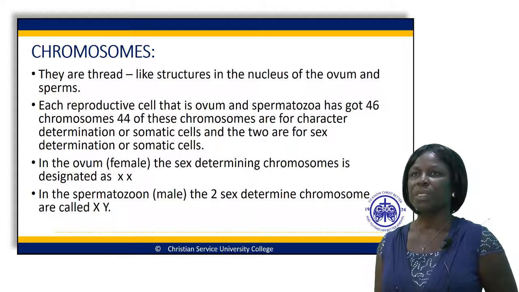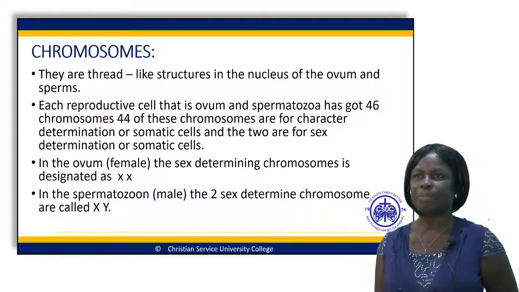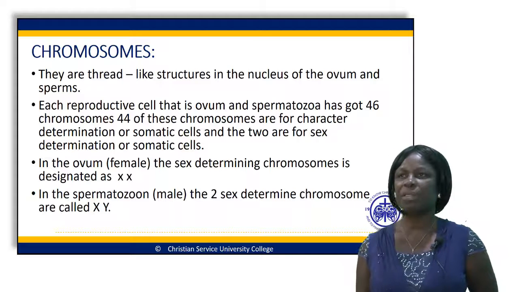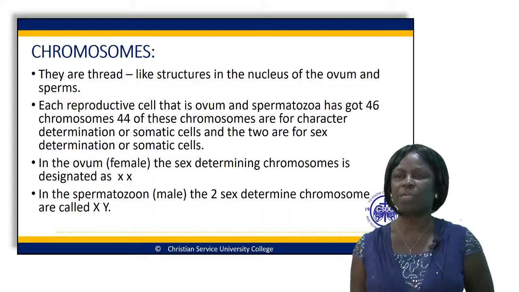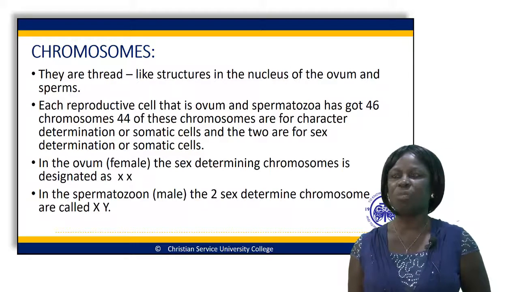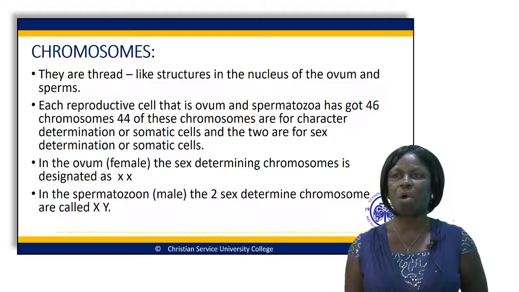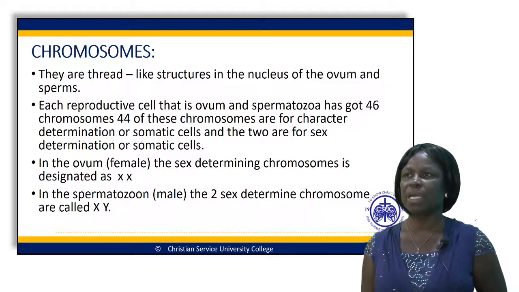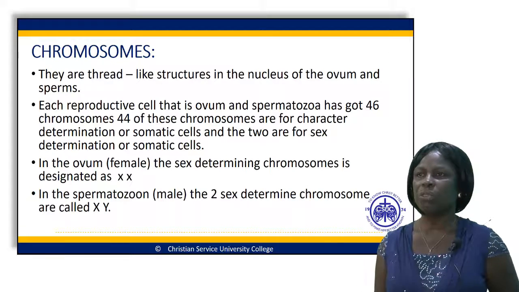Chromosomes are thread-like structures in the nucleus of the ovum and sperms. Each reproductive cell, that is ovum and spermatozoa, has 46 chromosomes. 44 of these chromosomes are for character determination or somatic cells, and the two are for sex determination or sex cells.